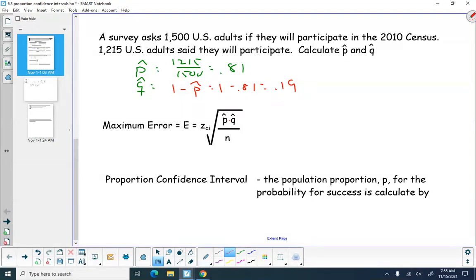When we're dealing with the error for a population mean, this was Z for the confidence interval or T for the confidence interval times the standard deviation divided by the square root of n. Now we've got p hat times q hat divided by n, and we take the square root of all that.